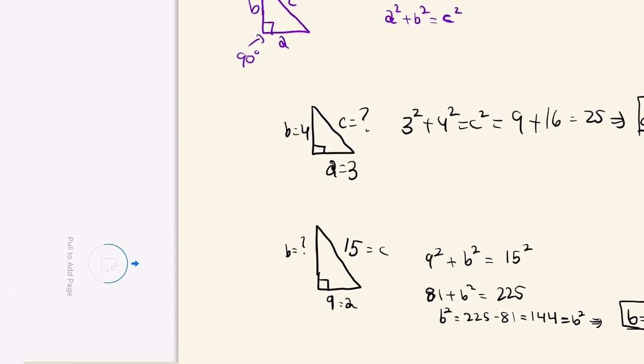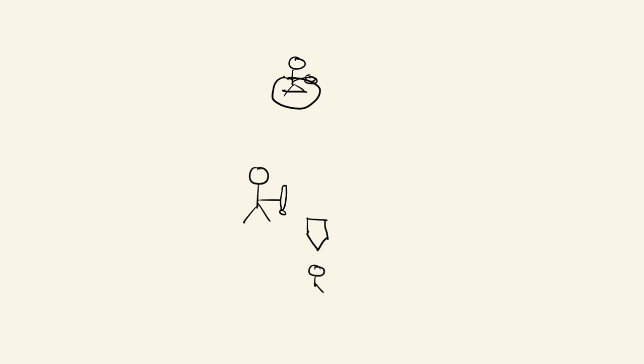I need to get a new page here. So an example of this comes from baseball. You've got your batter up here, the pitcher's mound, and I'm not a great artist by any stretch of the imagination. You've got the pitcher on the mound with the ball, you've got home plate, you've got the catcher here, and you have the bases. They form a sort of diamond here.